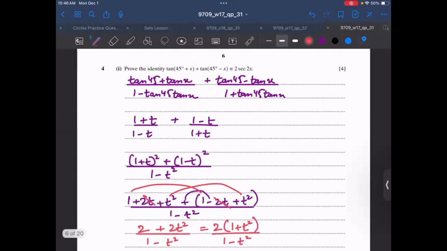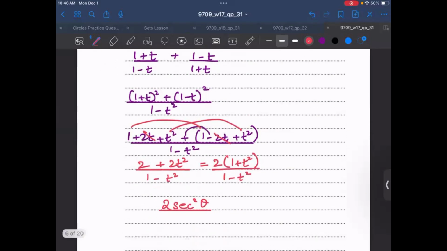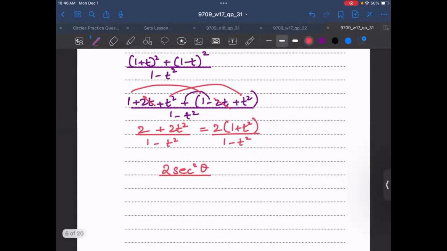Now, as we have to show the identity 2 sec 2x, we'll try and substitute something in place of tan². We can write tan² as sin² upon cos².